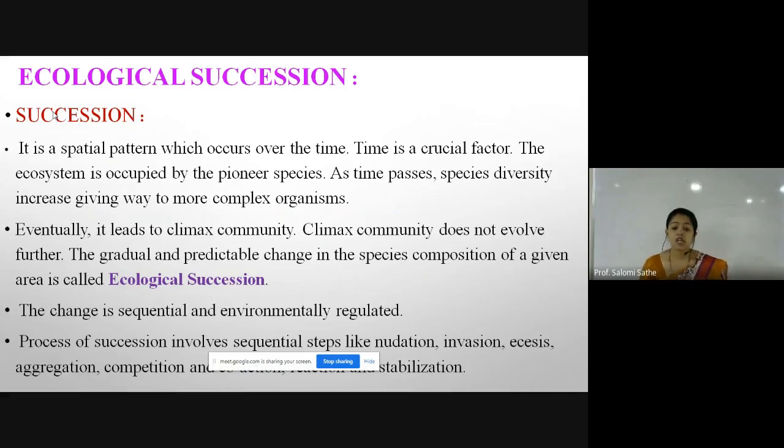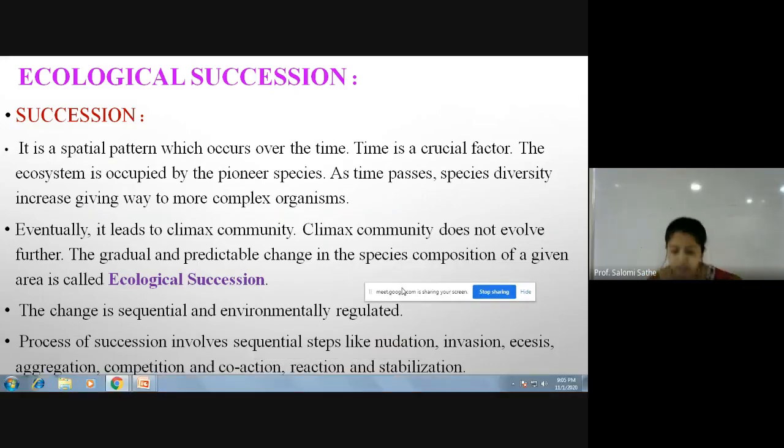Okay, the change is sequential and environmentally regulated. The process of succession involves sequential steps like nudation, invasion, ecesis, aggregation, competition and coaction, reaction, and stabilization. These are the processes which are involved in ecological succession.